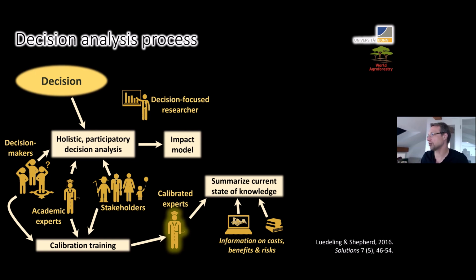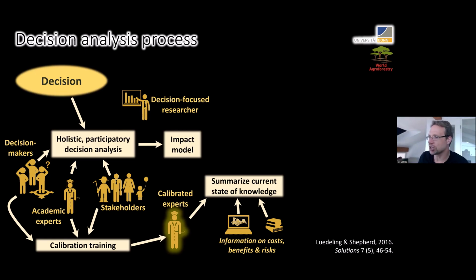So they can say, oh, it's going to be between 3 and 7 tons per hectare or something of the sort. And if this really reflects their uncertainty in a reasonable way, then this is actually very useful input. In order to train people in how to do this properly, there's this calibration training, which has been shown to improve people's skills in making such estimates.